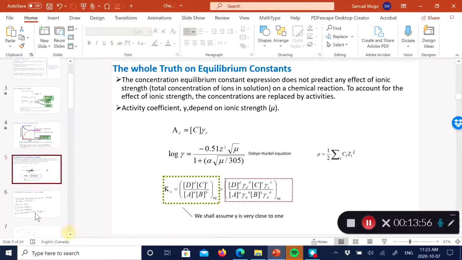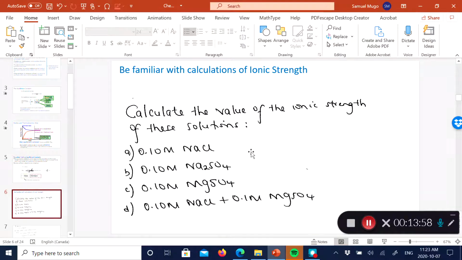Let me give you an example, maybe with this kind of a problem where you're asked to calculate the value of the ionic strength in this solution.